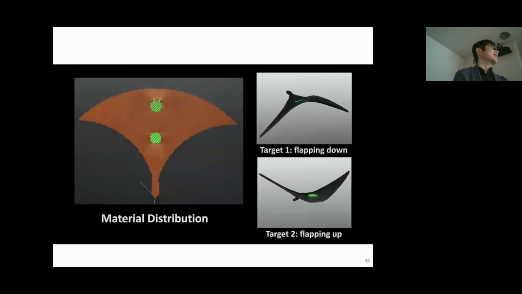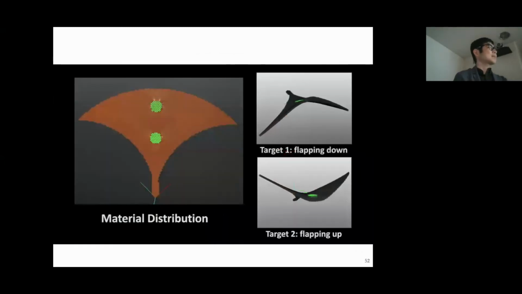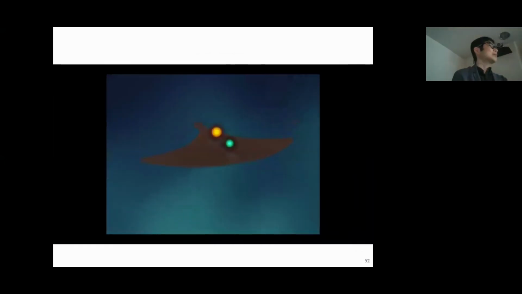And this is our optimization. Let me show this again. We use the same computational two-scale topology optimization framework, and then we can achieve these two modes. When we alternately shrink and expand these two holes, we can deliver the motion of a flapping wing by its material distribution.